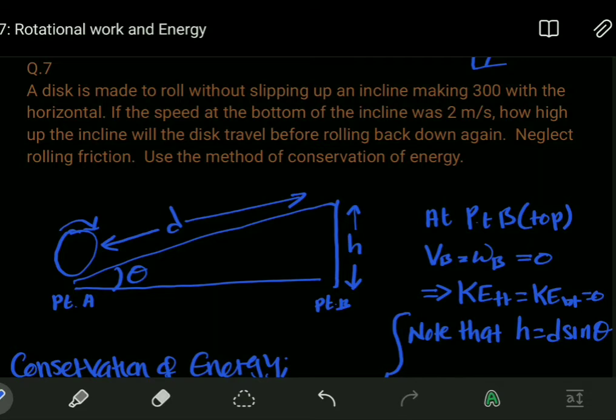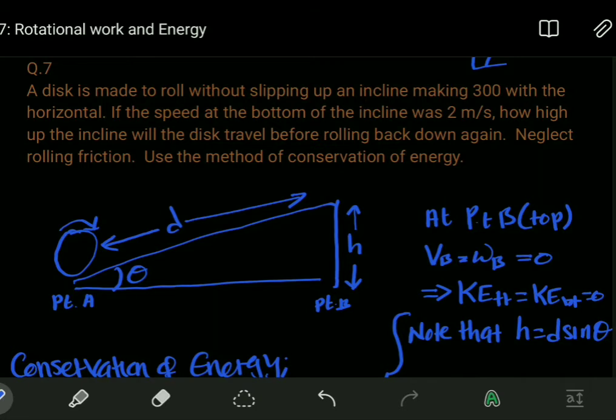The disc is rotating, so it's having some angular speed as well as a linear speed of 2 meters per second. So it has both translational as well as rotational kinetic energy, but it has zero potential energy.